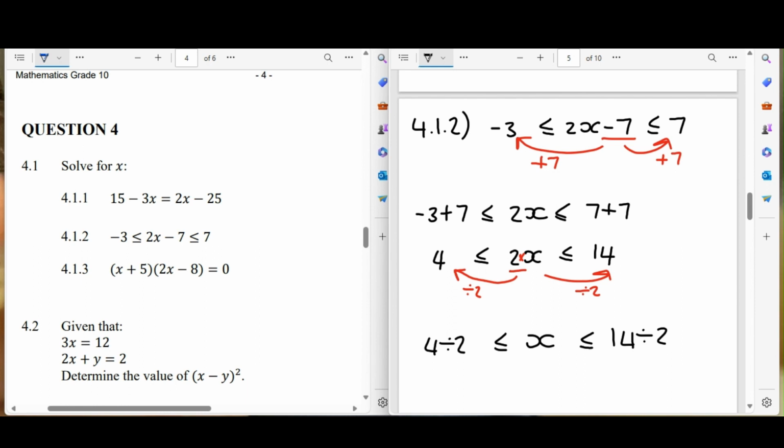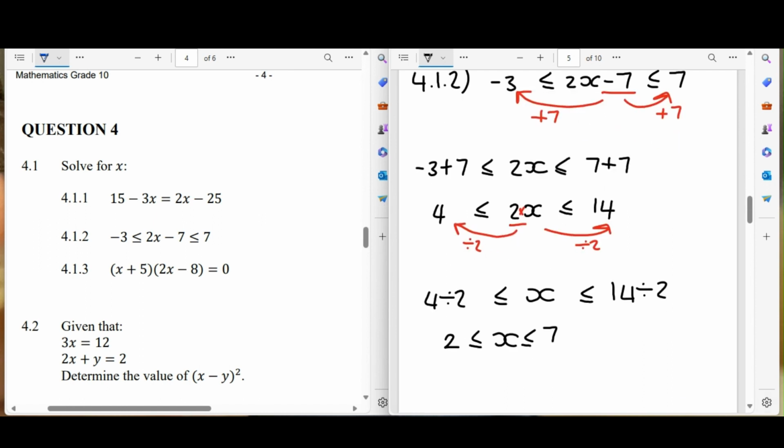If we write this a bit simpler, 4 divided by 2 is 2. 14 divided by 2 is 7. And so that is going to be our final answer. So x is greater than or equal to 2, and x is less than or equal to 7.